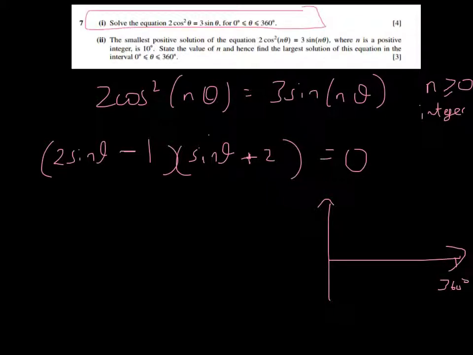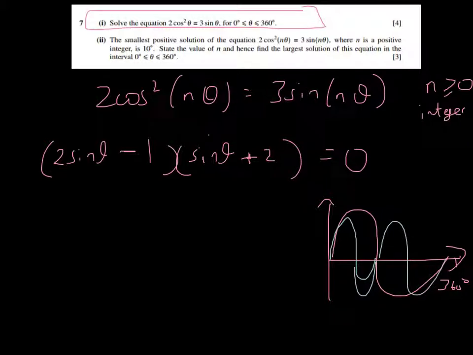If n is 1, we get one period being 360 degrees. When n is 2, we get our period being 180 degrees, which means it looks like we've got two sine curves in the space of 360 degrees.